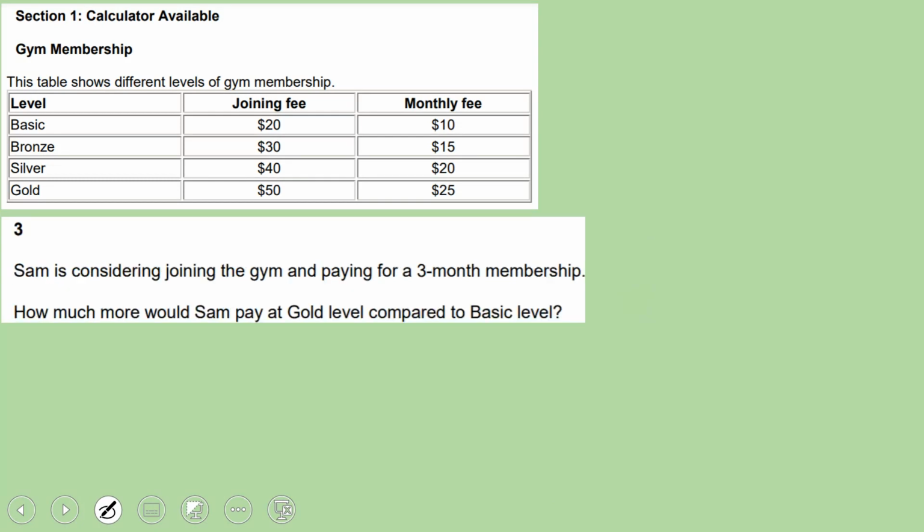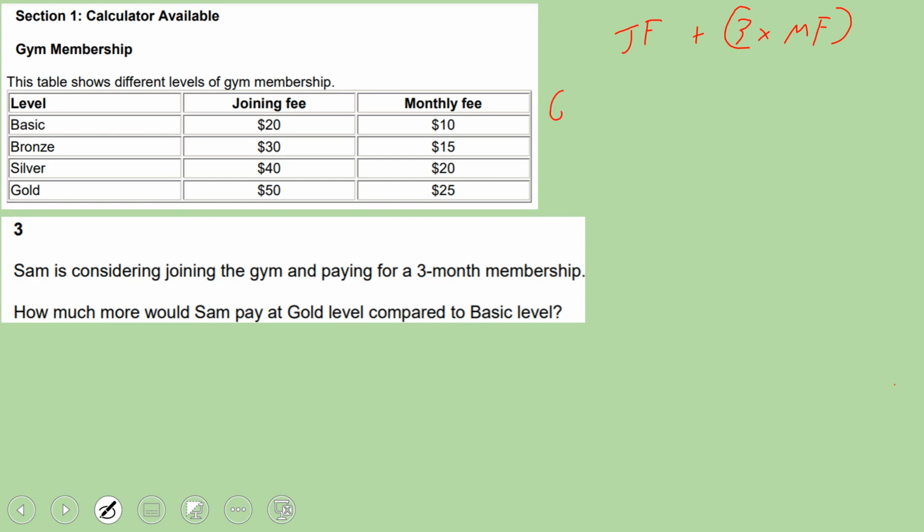For question 3, it says Sam is considering joining the gym and paying for a 3-month membership. So let's just do the things that we were doing before. And how much more would Sam pay at gold compared to basic level? So we need to make sure it's joining fee plus the number of months, which is 3, times by the monthly fee.